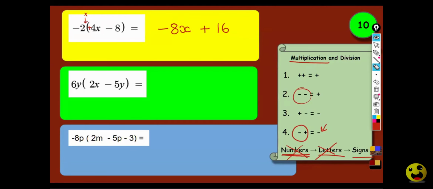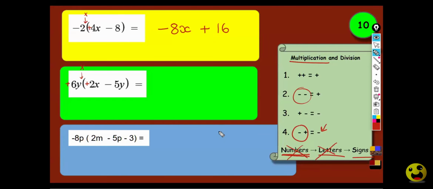All right. Let's handle the next one here. Let's put in everything that's missing. We know between the y and the 2, there's a bracket. So we know they have a secret multiply here. This 2, if you look to the left, you don't see anything, so it's automatically positive. This 6y, if you look to the left, you don't see anything, so it's automatically positive.